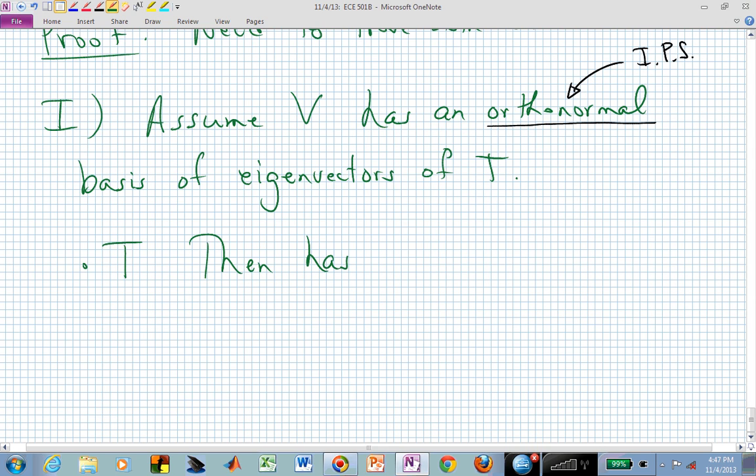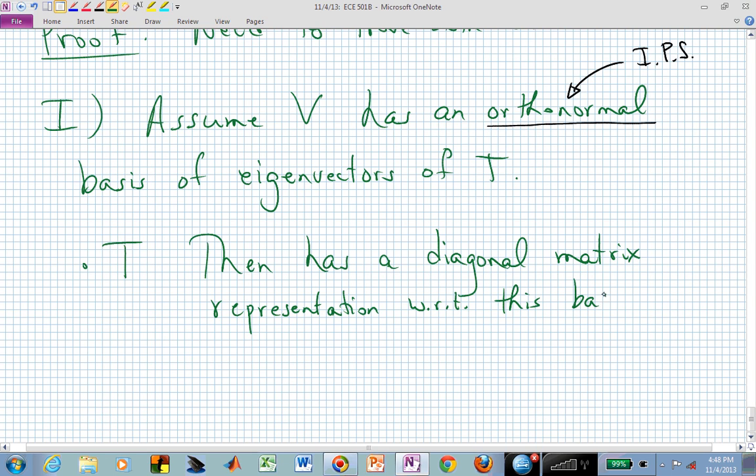If we have orthonormal eigenvectors, then if we put this in that basis, the matrix representation of T is going to be diagonal. So T then has a diagonal matrix representation with respect to that basis.